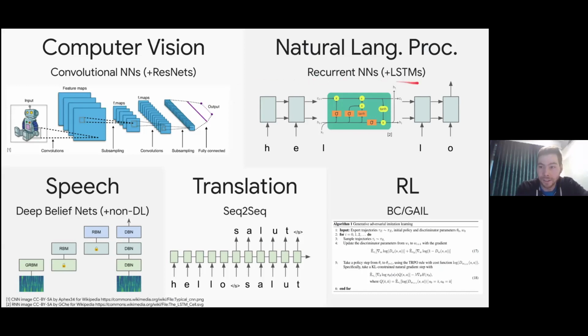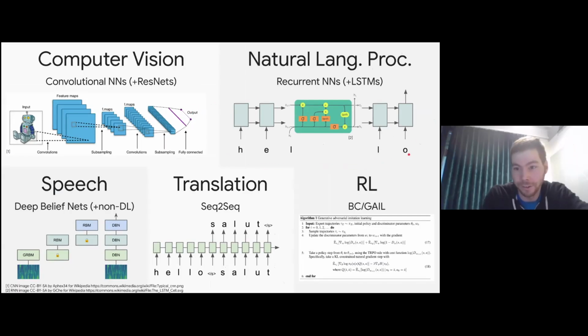Similar story in language and natural language processing, right? All languages, or the vast majority of languages, go in one direction, like from left to right, or from right to left, or maybe sometimes from top to bottom, but basically from start to end of the text, right? And so this inspired this class of neural net architectures, recurrent neural networks, LSTMs being the most famous one, that process the input one thing at a time. Like here, we take the first character, for example, or it could be a word or something.